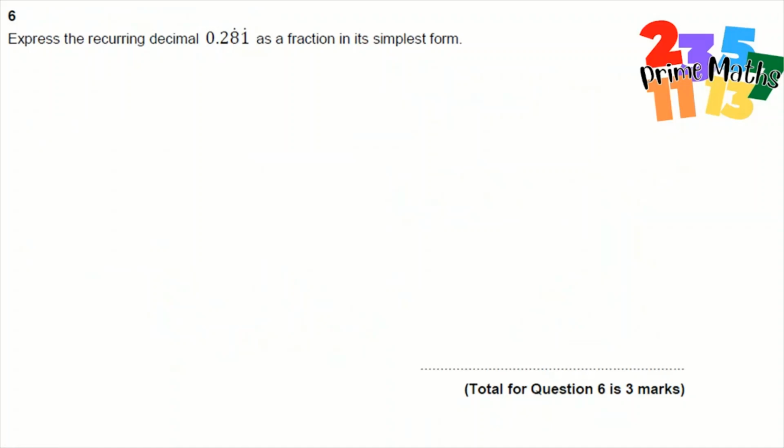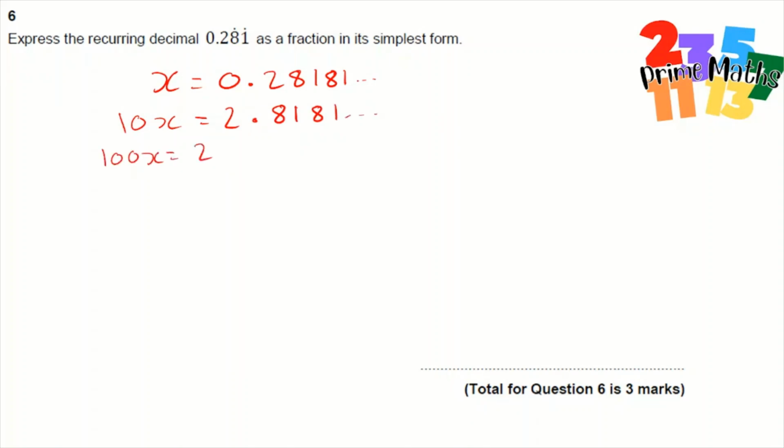For question 6, we're going to write that x is equal to our reoccurring decimal. That 10x is 2.8181. 100x is 28.1818.